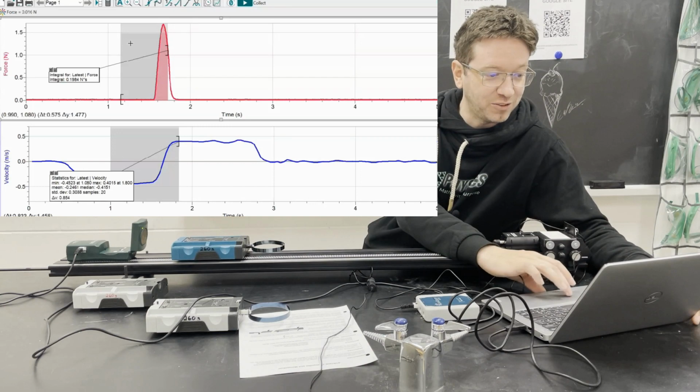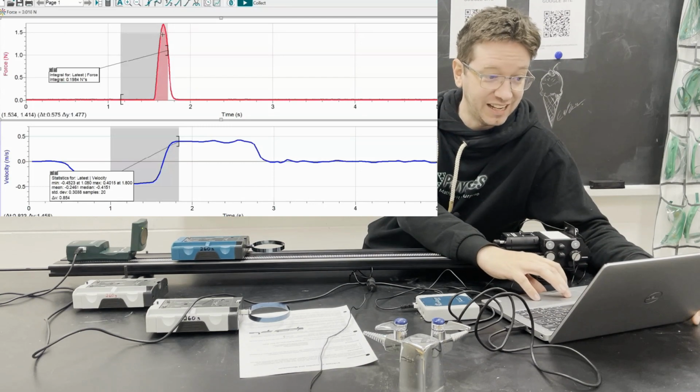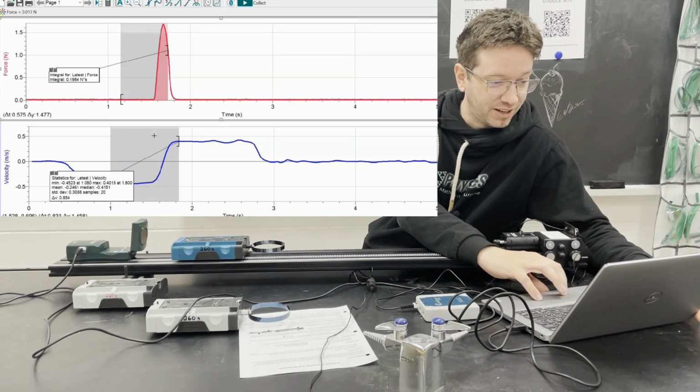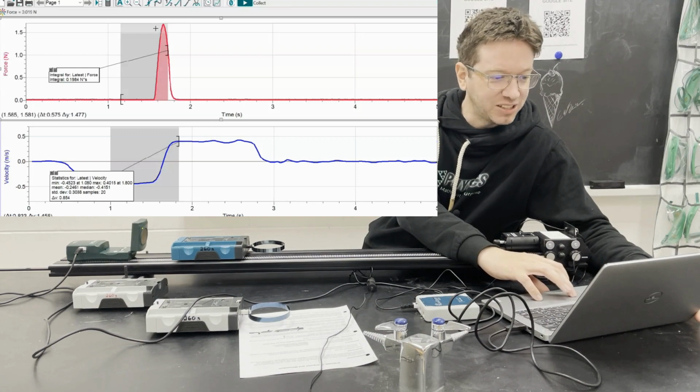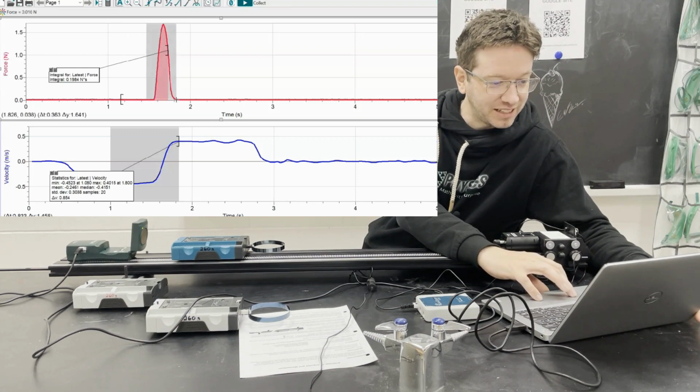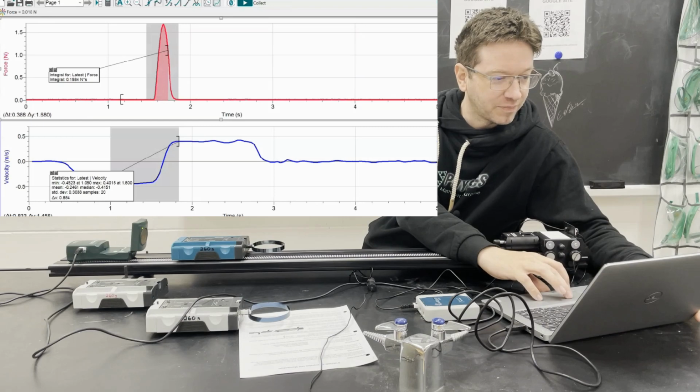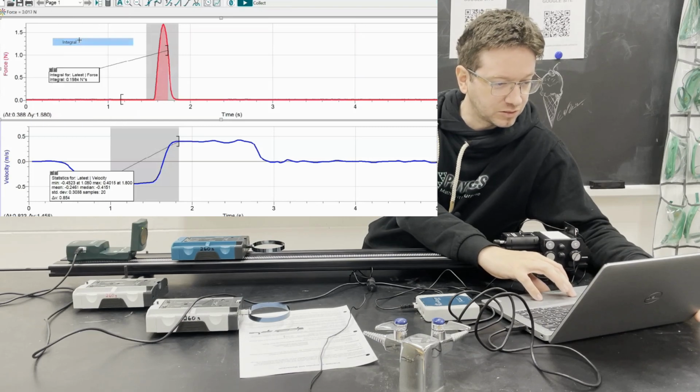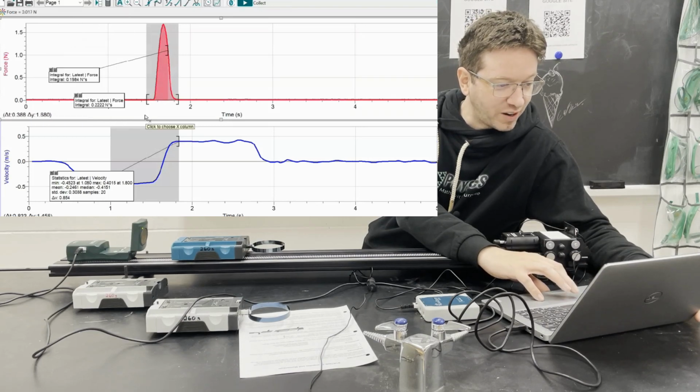Alright, so notice the value of the force here. Right? It's much greater than before. And the time looks a little bit less. Let's look at our impulse. So 0.1984.